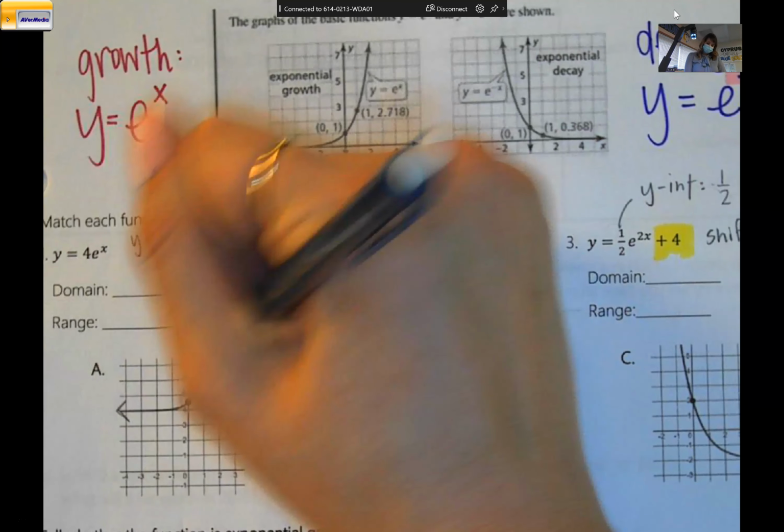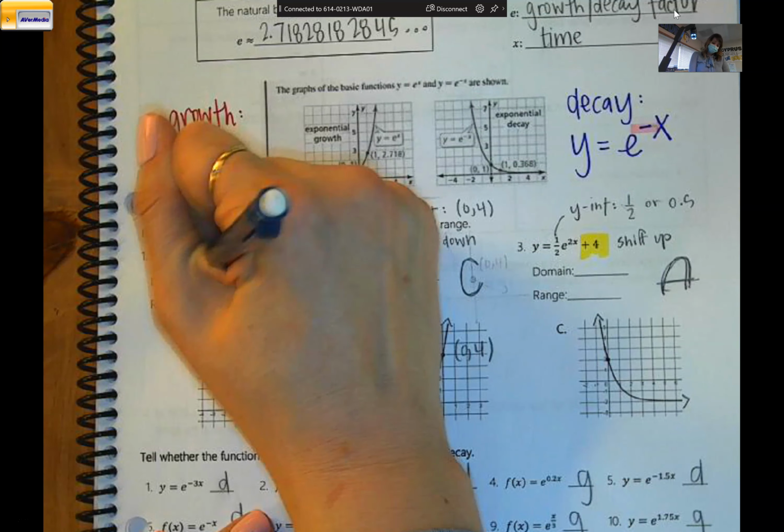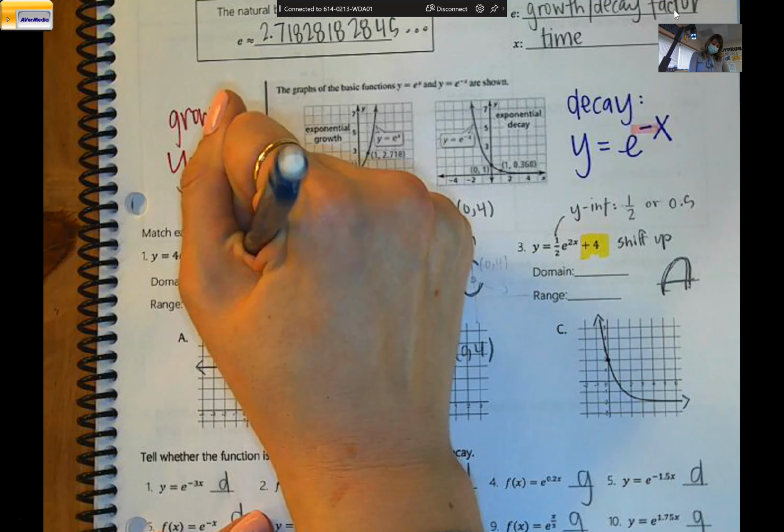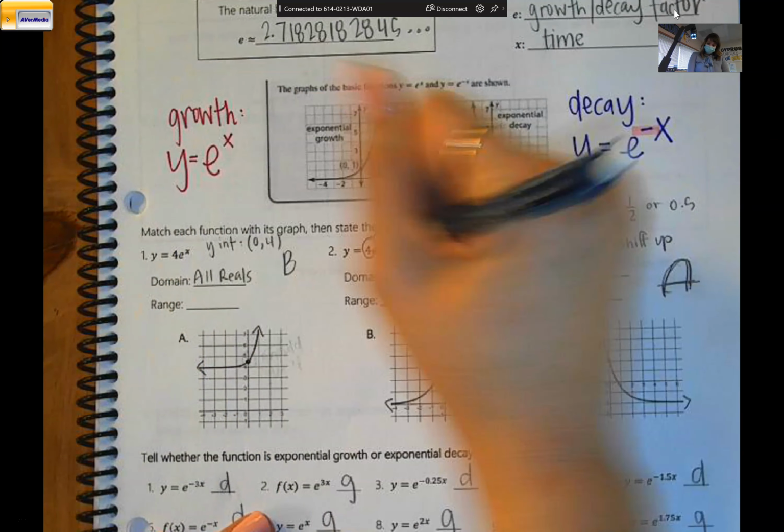All of these domains are all reals. So domain on these problems should be fairly easy in quotation marks because your domain basically is all reals for every problem. And the only thing that's different is your range.